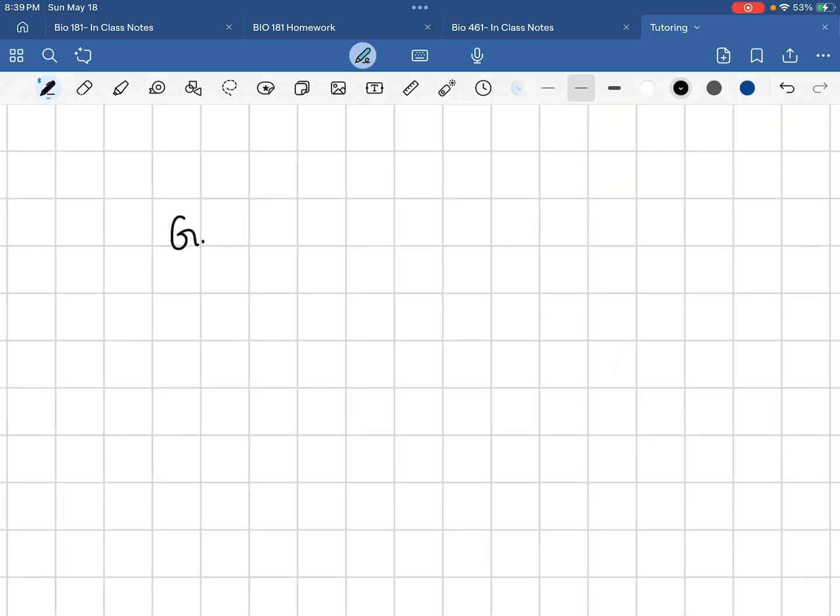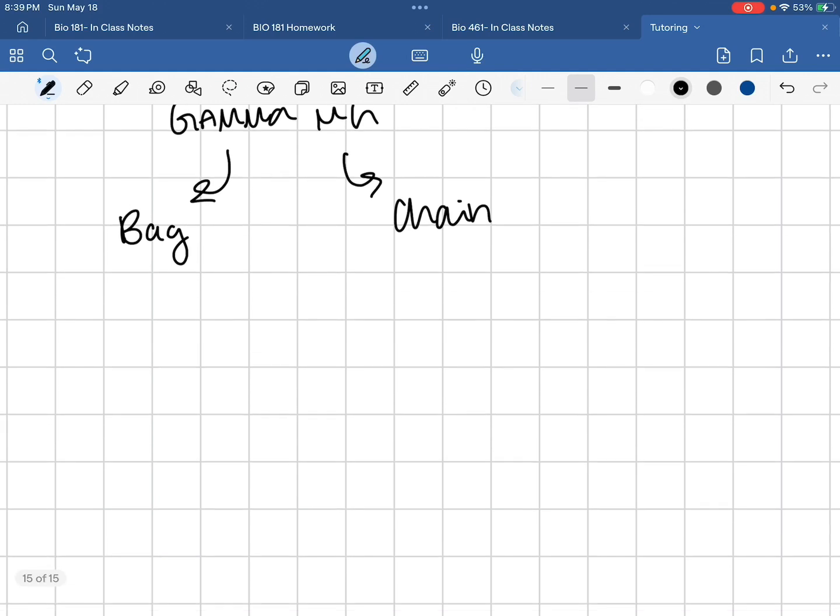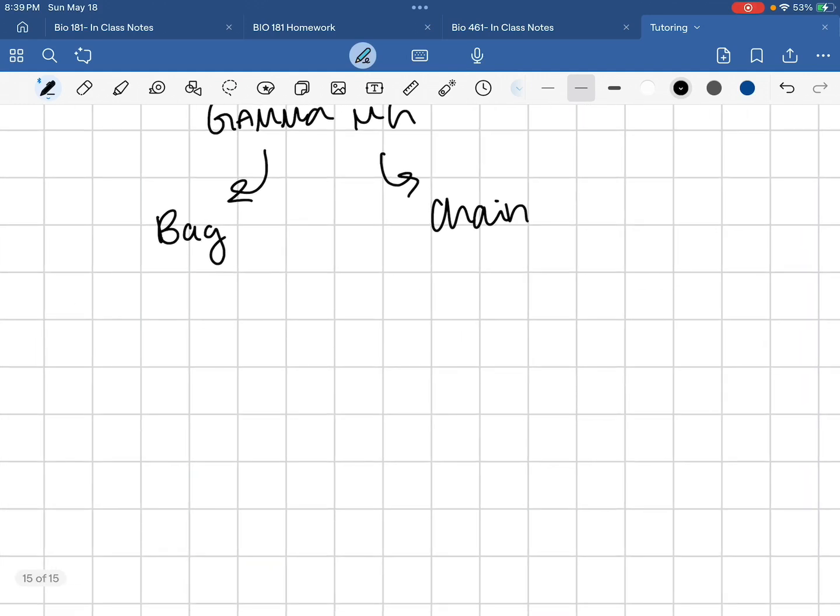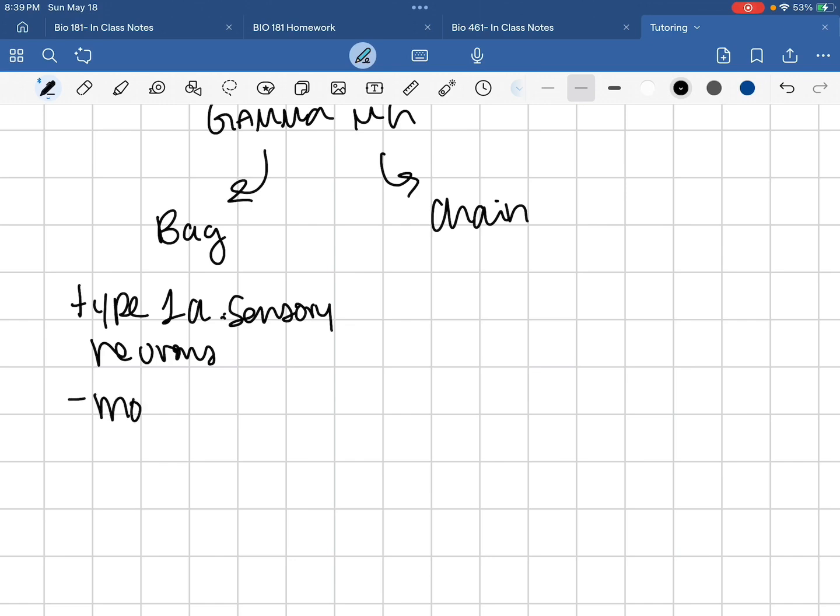The gamma motor neurons can be divided into bag as well as chain. So these two muscle spindles respond to stretch, but the bag fibers are associated with type 1A sensory neurons, and they're most sensitive to responding to a stretch.